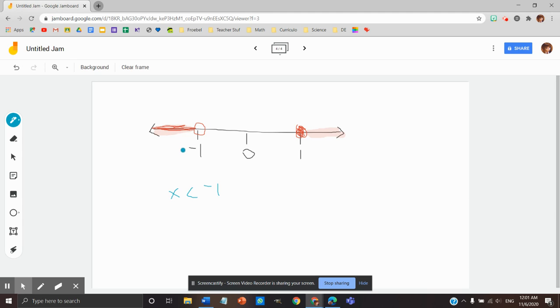So it means that I'm not including that number 1. Or x is bigger or equal to 1. This is every number that is bigger than 1, but is also including it.